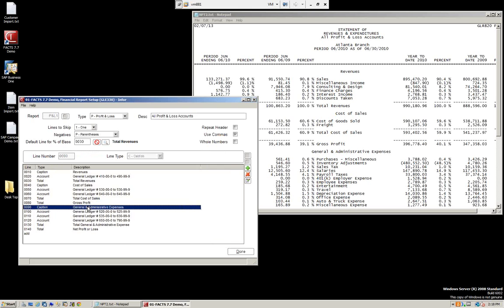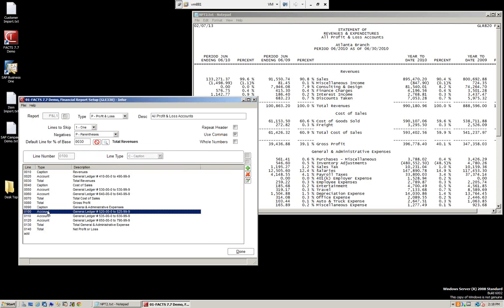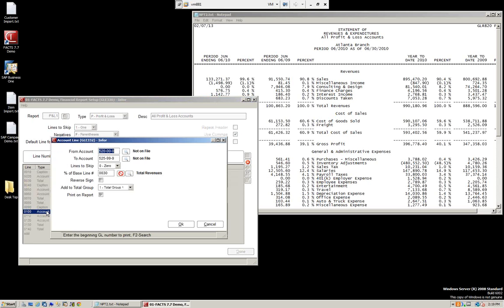And then here's, again, another caption, my general admin, as you can see here, which is I actually have 2 general admin expenses. And again, lines to skip, and I have it centered. And then here I have my accounts, and again, I have groups of accounts. So again, I'm going back to group total 1 because I didn't roll it.